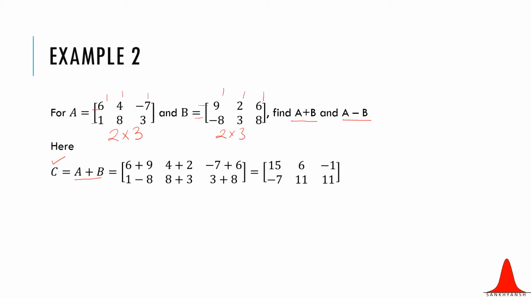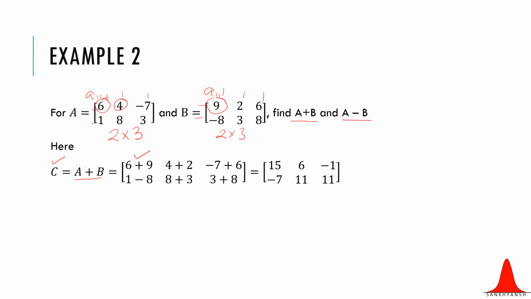Now we have to add the corresponding elements. You just see, this is A11 element of this matrix, and this is A11 element of this matrix. So 6 and 9 are corresponding elements, so we did 6 plus 9.